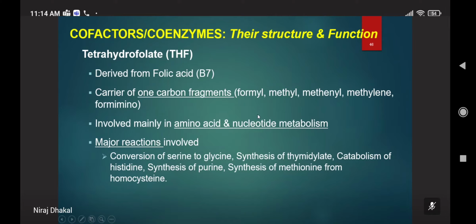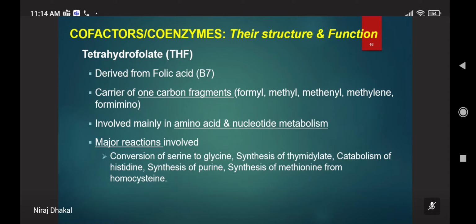If there is need of transfer of these kinds of 1 carbon units, then we need tetrahydrofolate. It is also involved in amino acid and nucleotide metabolism, like the major reactions: conversion of serine to glycine or vice versa, synthesis of thymidylate, which is required for DNA synthesis, catabolism of histidine, synthesis of purine, synthesis of methionine from homocysteine.